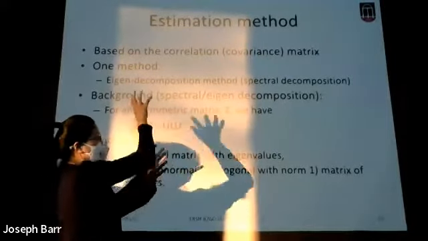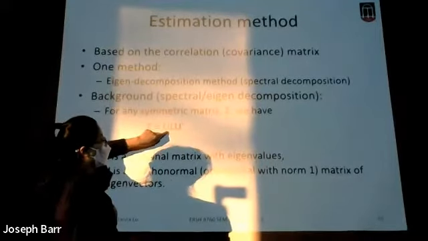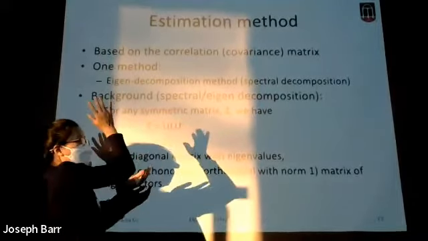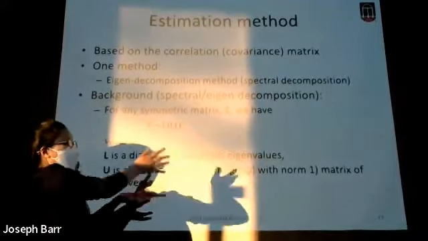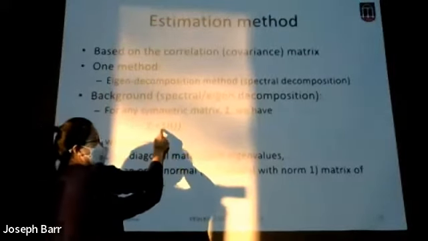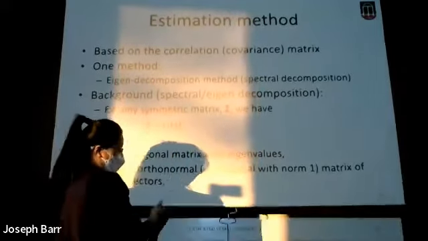And we have the eigenvector matrix U, a matrix consisting of many columns, where each column is a corresponding eigenvector.